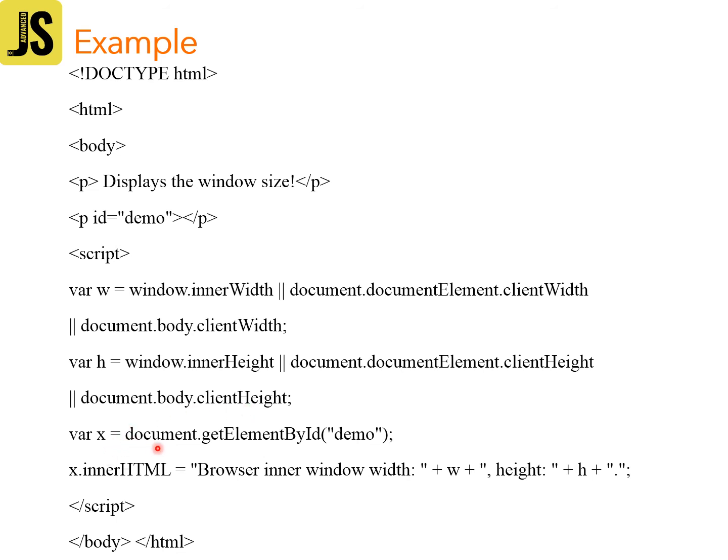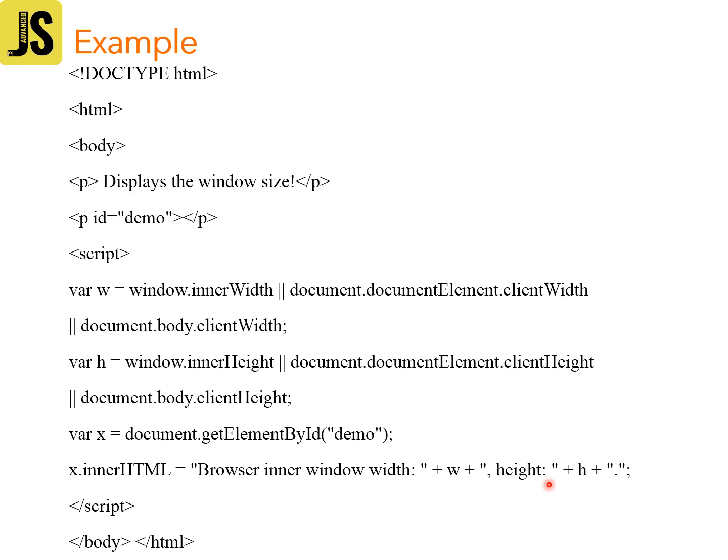Now variable x is equal to document.getElementById of demo. Demo is a paragraph with no text value, so with x.innerHTML we are trying to add content to the empty paragraph. x.innerHTML is equal to the browser's inner width, accessed by window.innerWidth or document.documentElement.clientWidth, and that width value will be displayed.